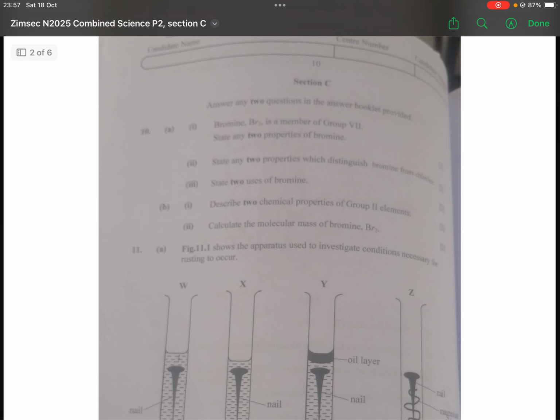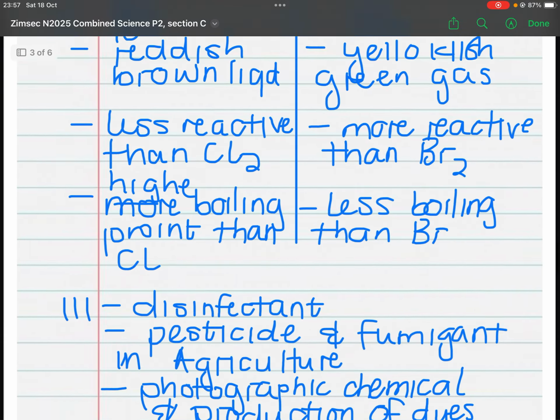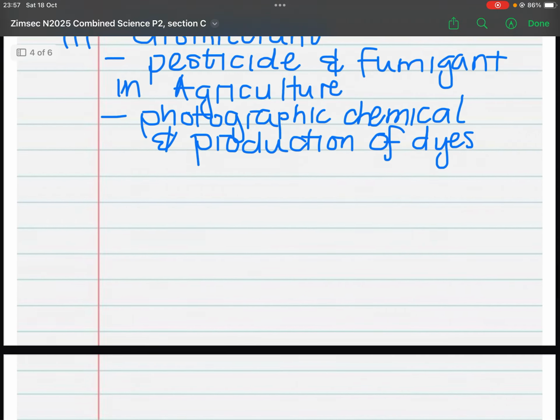B part 1 is saying describe 2 chemical properties of group 2 elements. When we are talking about the chemical properties, we are talking about how it reacts, right?